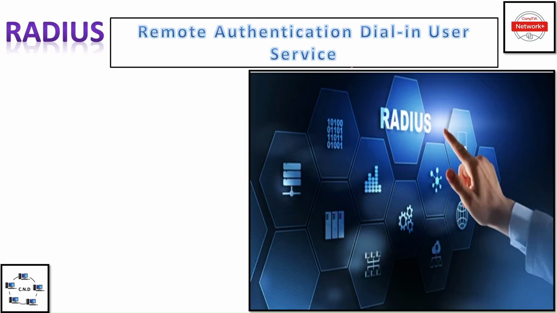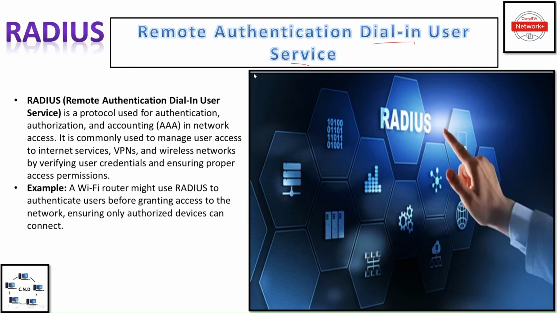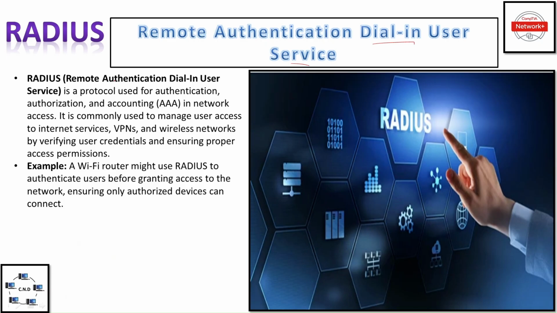RADIUS, that is Remote Authentication Dial-In User Service. So RADIUS, Remote Authentication Dial-In User Service, is a protocol used for authentication, authorization, and accounting, that is AAA, in network access.